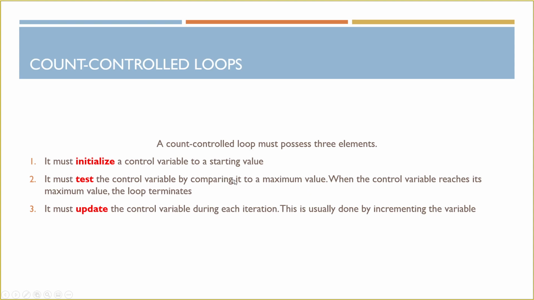When the control variable reaches that maximum value, the loop will terminate, right? So if you start your control variable at 0 and your maximum value is 5, your loop will iterate 5 times. And the last thing, it must update the control variable during each iteration. This is usually done by incrementing the variable, which we've discussed is just adding 1 to it, right? So these 3 things have to happen for something to be considered a count-controlled loop.